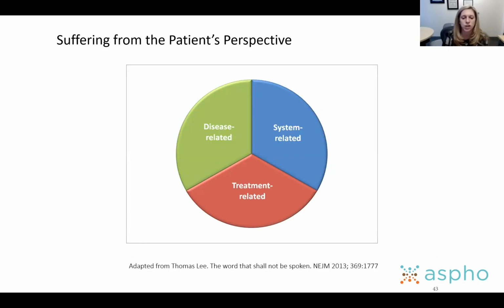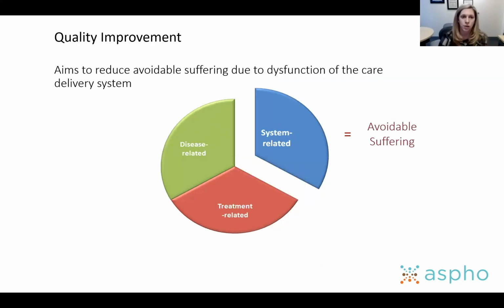This article from NEJM characterizes the patient experience and specifically discusses patient level suffering as being put into one of three categories: disease-related, treatment-related, and system-related. The article argues that system-related suffering is entirely avoidable, and that we should be working to minimize or eliminate suffering that comes from the fact that our care delivery system may be dysfunctional.